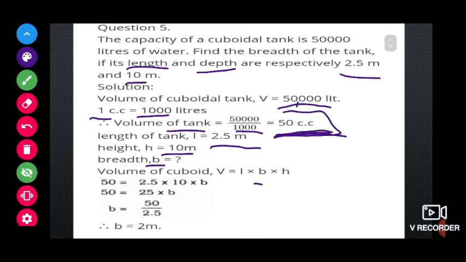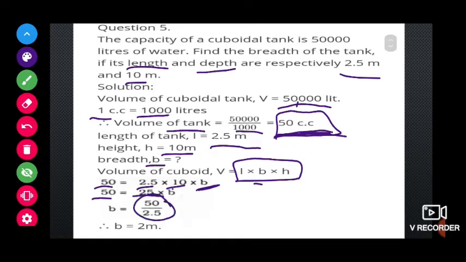Now the volume 50 should be equal to the length into breadth into height. So take length into breadth, height into breadth as it is. Now 2.5 into 10 is 25. So breadth is equal to 50 by 2.5.